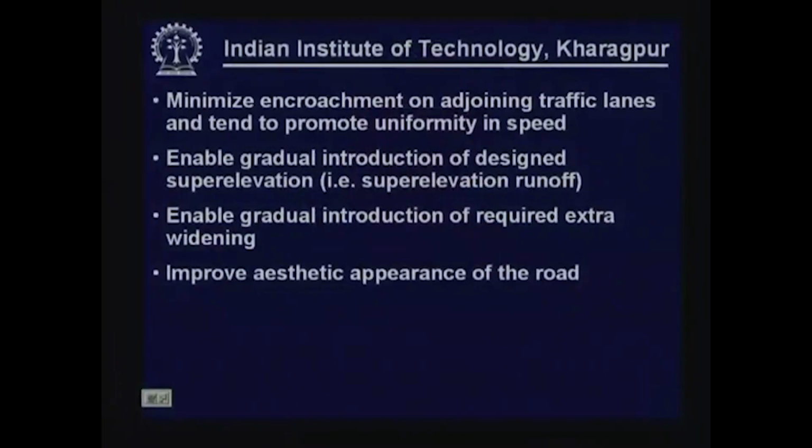Number 3, when a vehicle is negotiating a horizontal curve, there is a possibility of lateral shift and encroachment on the adjoining traffic lane. We shall come back to this topic again when we discuss the AASHTO guidelines in the subsequent lesson.